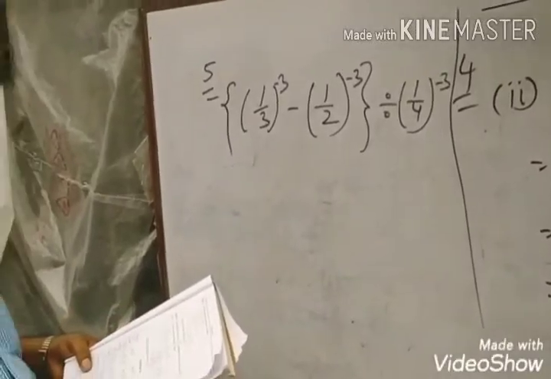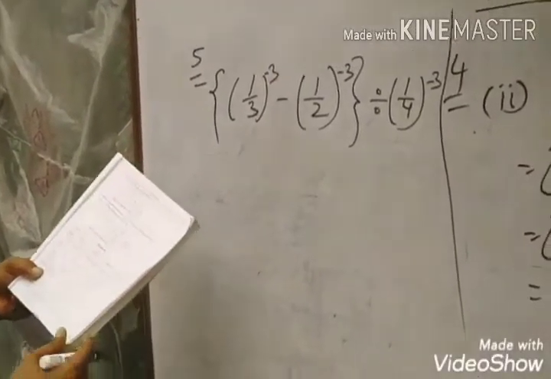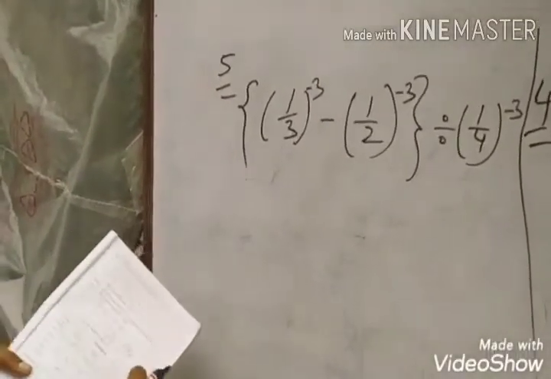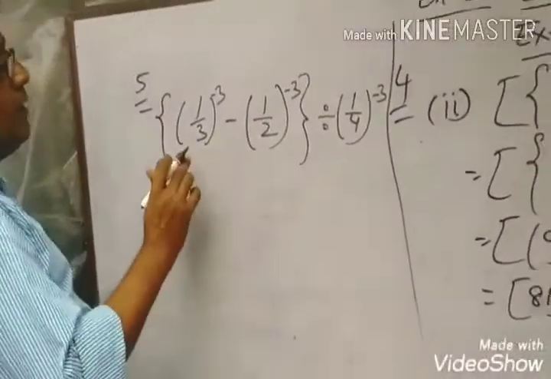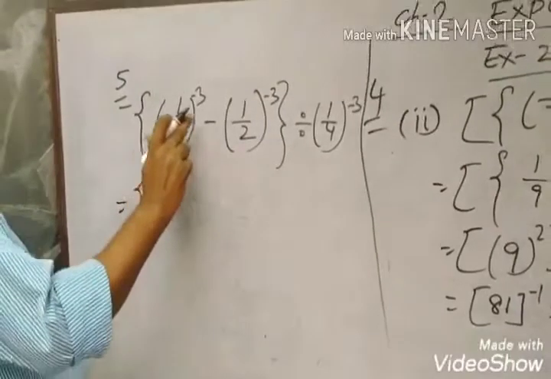Evaluate. Now we can write (1/3) to the power minus 3.